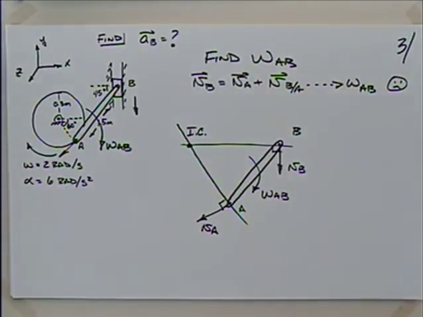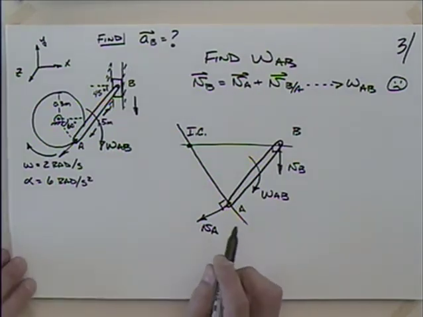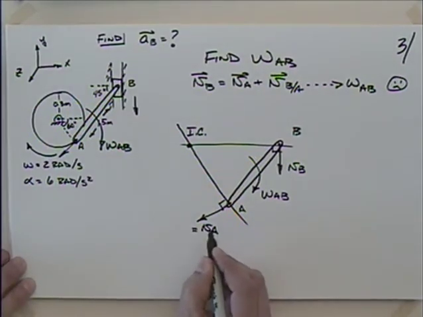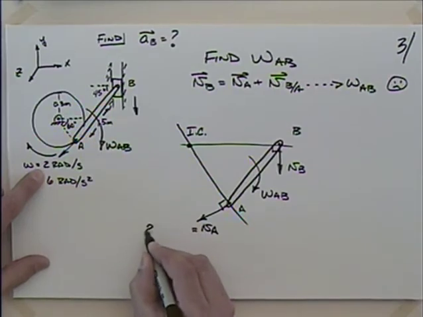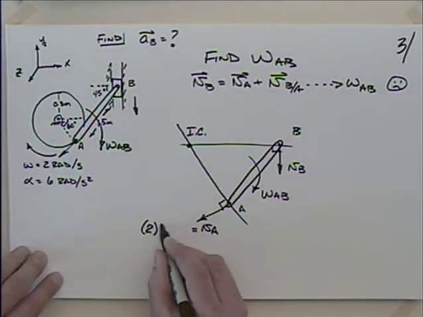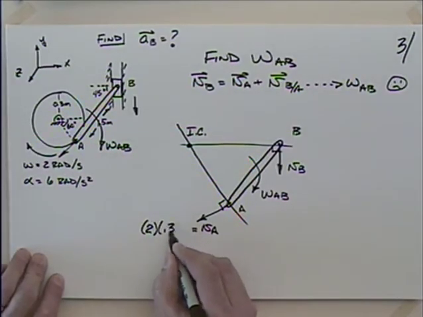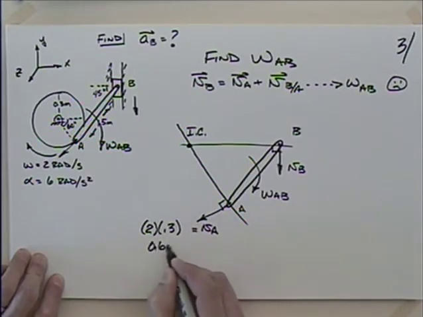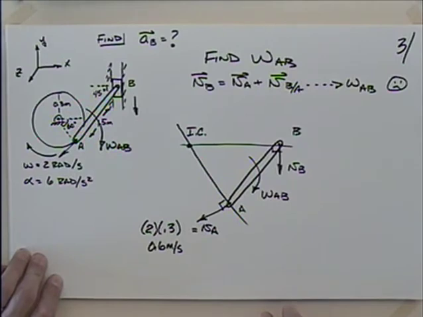Okay. Well, let's see. What do I know? Well, I think I could come up with the velocity of A, right? I could say that this would be equal to the omega, so that's going to be 2 times the radius, which is 0.3, which gives me 0.6 meters per second. Okay, so that's kind of nice.